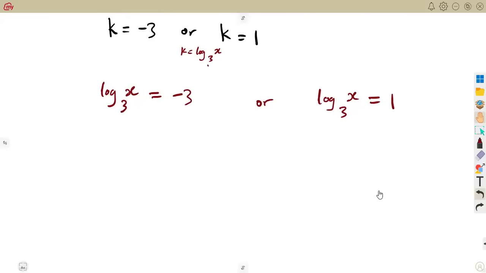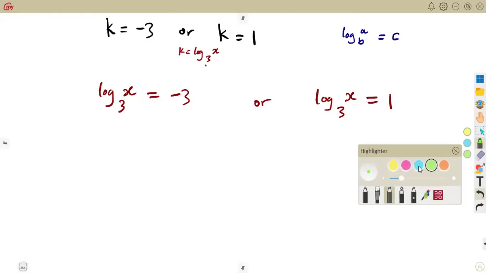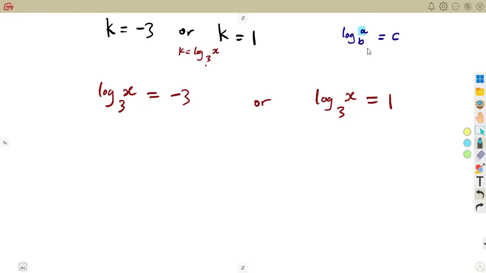Remember, our logarithms again, changing from a log to an exponential and vice versa. If you are given the logarithm of a in base b is equal to c, remember I said that this a is equal to b to the exponent of c.